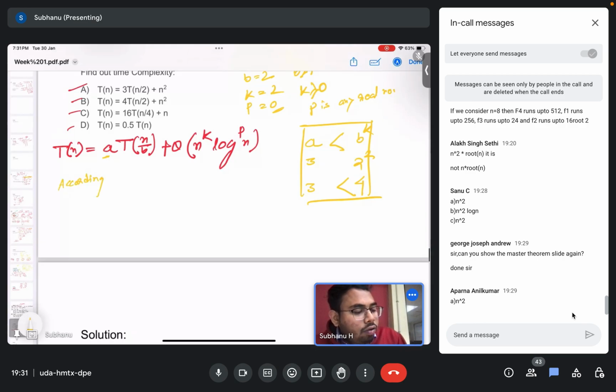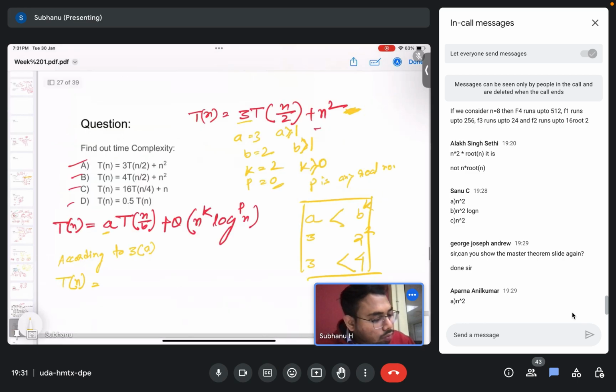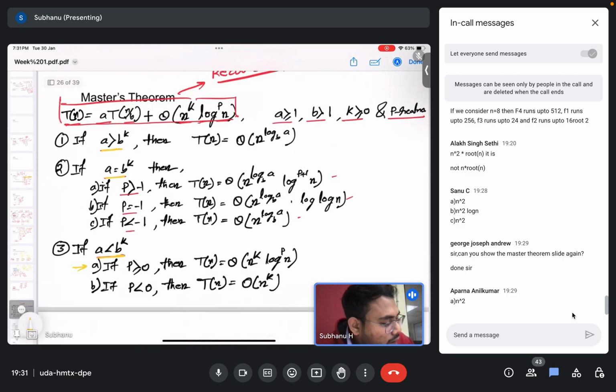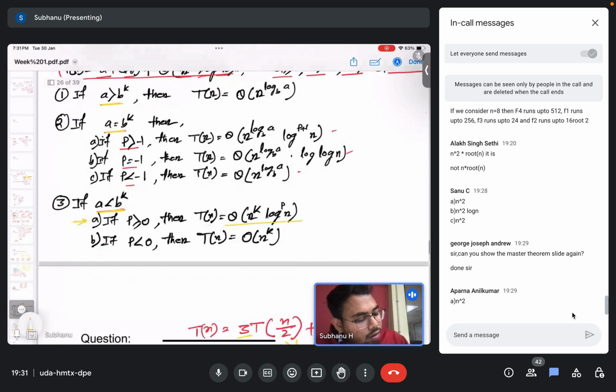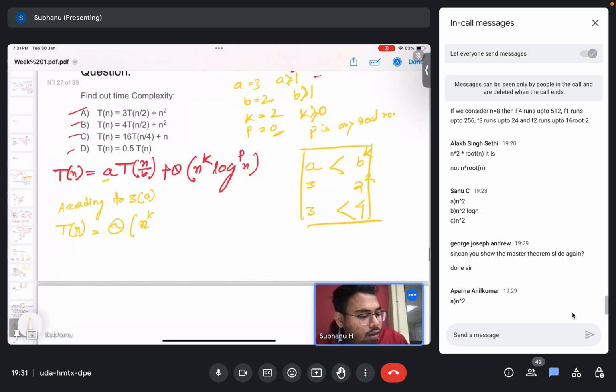According to 3a, Tn is equal to theta of n to the power k log to the power p n. The value of k is 2, and the value of p is 0.